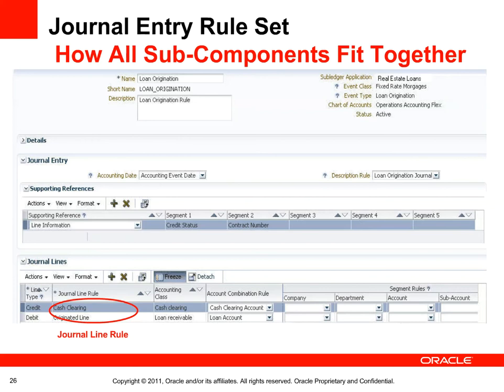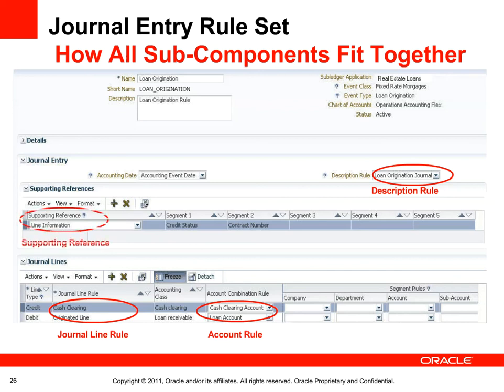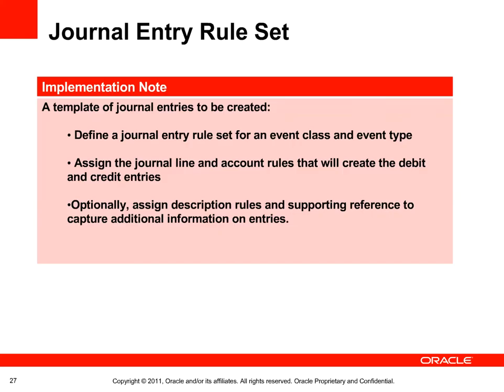It determines the debit and credit lines to be generated, which accounts to use, how to determine the accounting date, the descriptions to stamp on the entries, as well as the supporting references to capture on the entries. Journal line rules and corresponding accounting rules are mandatory to be able to generate an entry. As mentioned before, description rules and supporting references at the journal entry header or lines are optional.